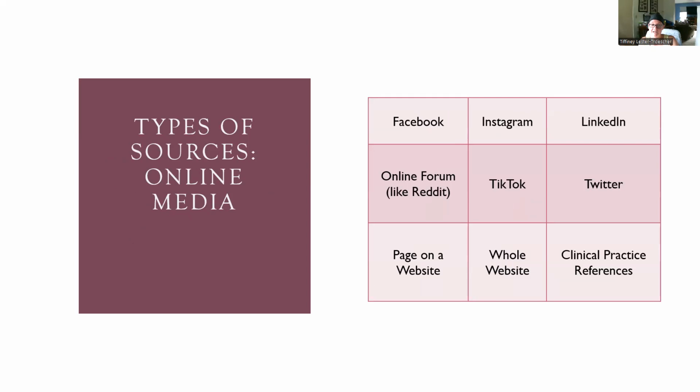But like we just said, even a journal article that you read online falls under the category of textual works. Online media specifically refers to, as you'll see, a good bit of social media. So anything from Facebook, Instagram, LinkedIn, Twitter, TikTok, forums on Reddit, and then a page on a website like WebMD.com, right? Or a whole website.